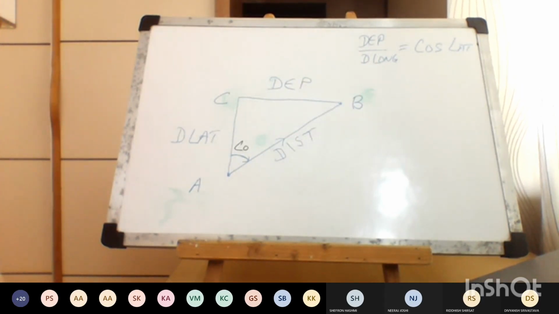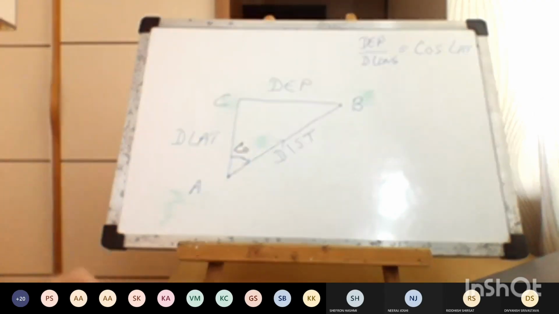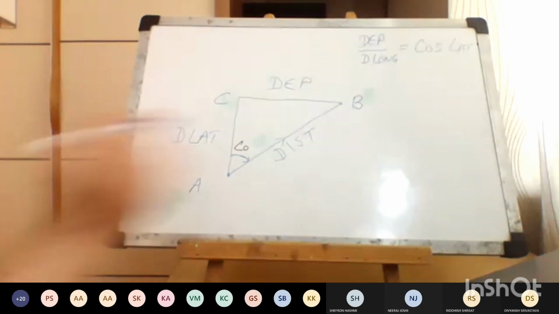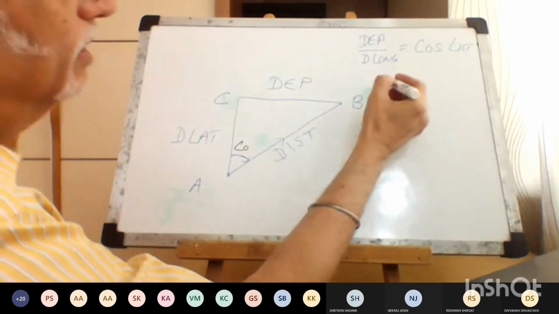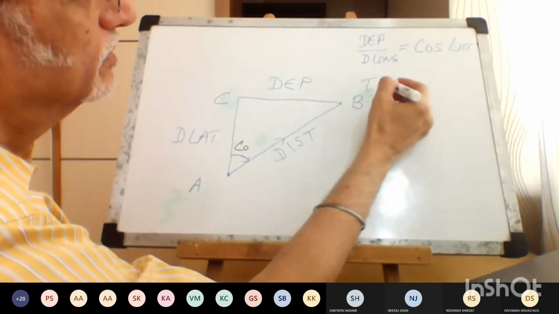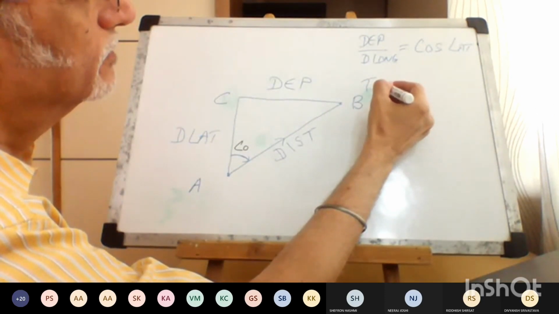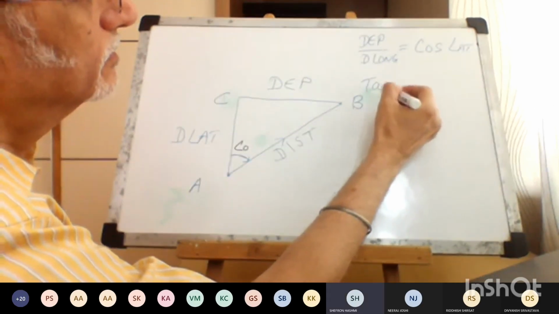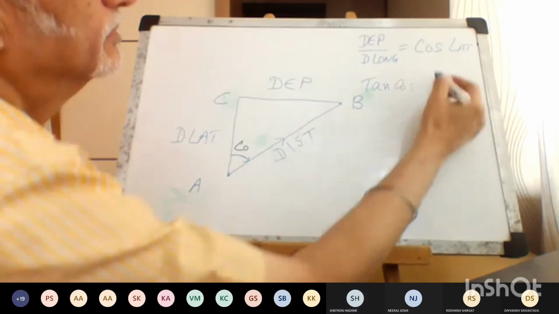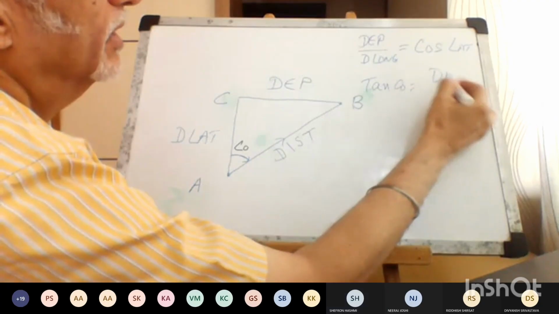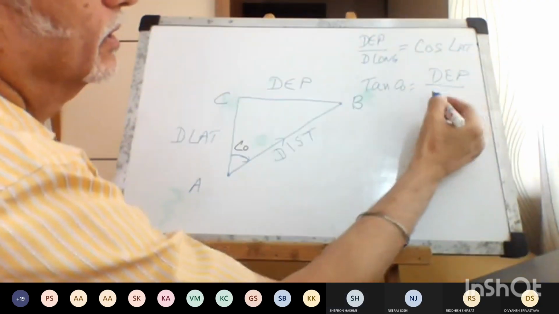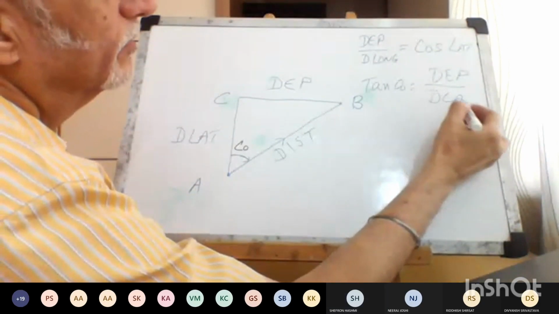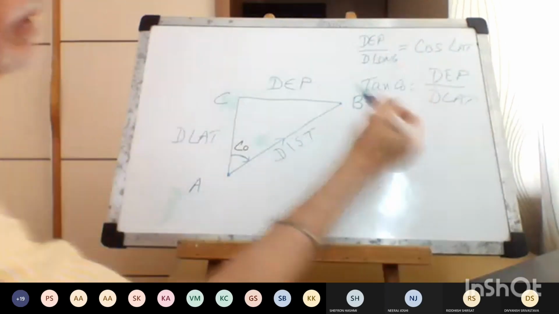Mainly we are interested in the course and distance because we have to go from point A to point B. So what important formulas we get out of this? Tan course is equal to departure upon D lat. How do you find departure? The formula is given on top.